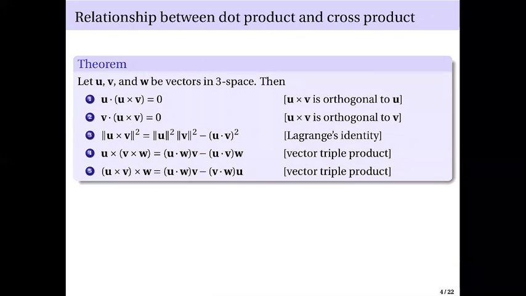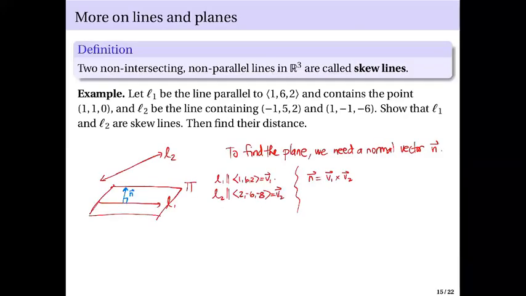So how does that help us? If we get the cross product here, then this vector n will be orthogonal to V1. And therefore, the plane with normal vector n will be parallel to V1, or to L1.